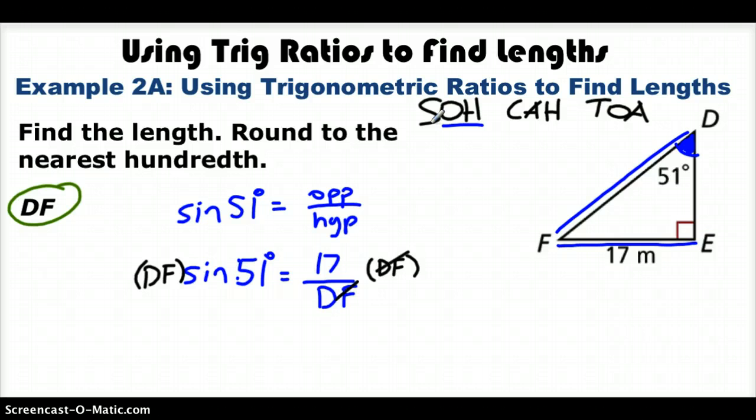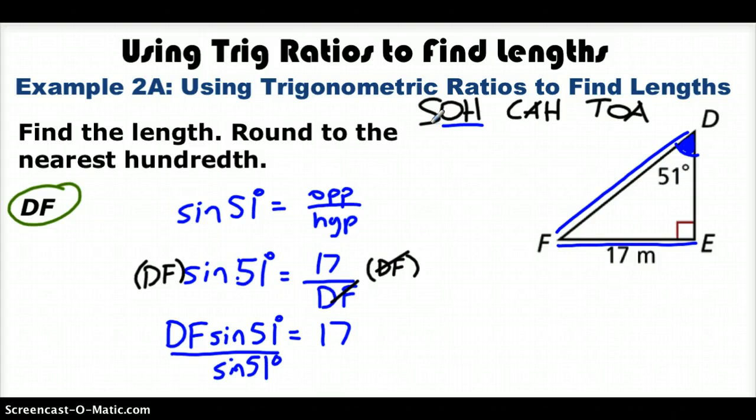DF and DF will cross cancel, and I'll be left with DF multiplied by the sine of 51 degrees equals 17. Then I'll divide both sides by the sine of 51 degrees.